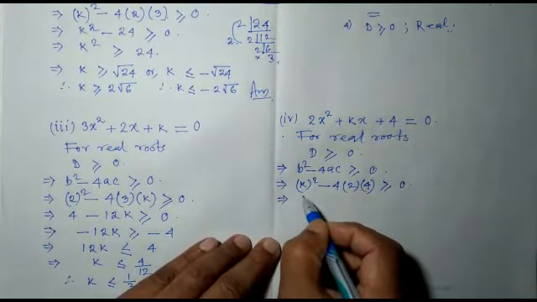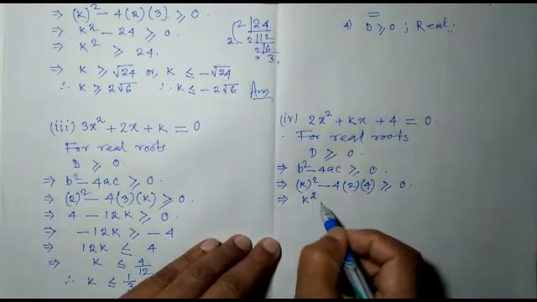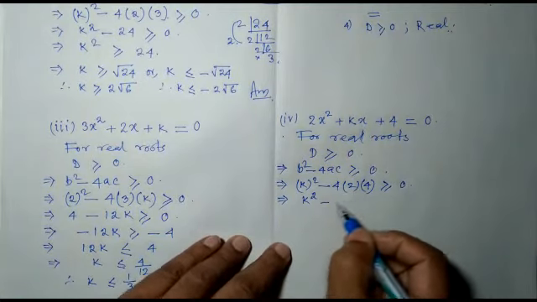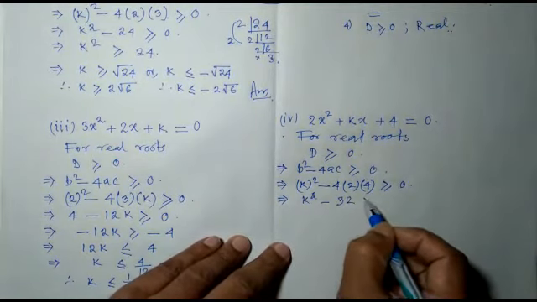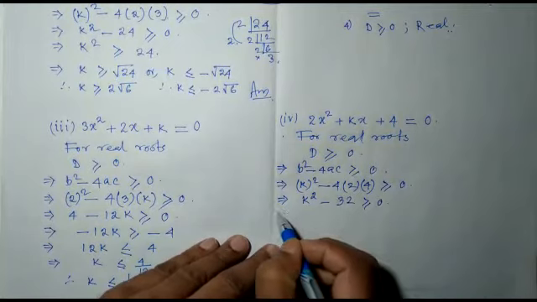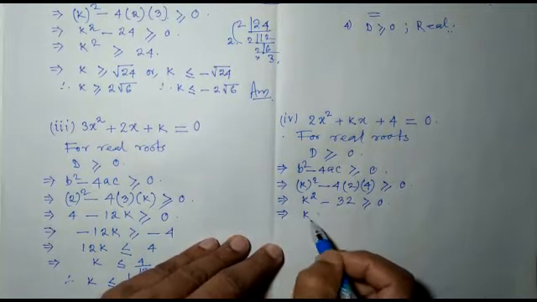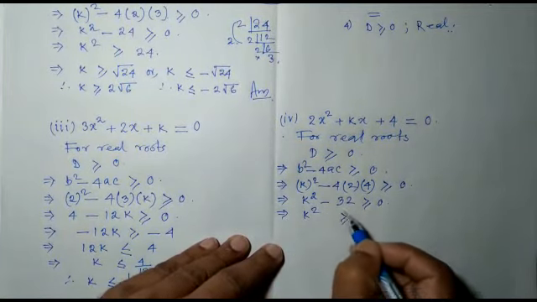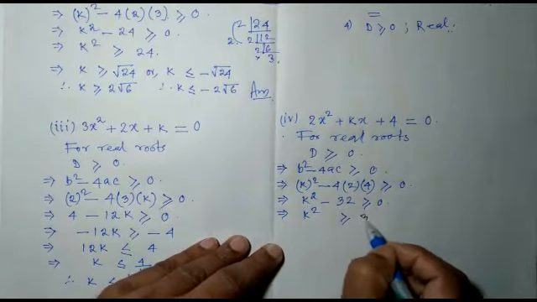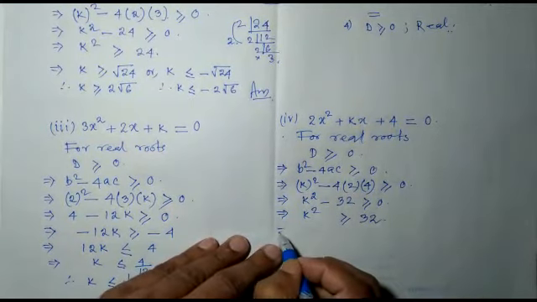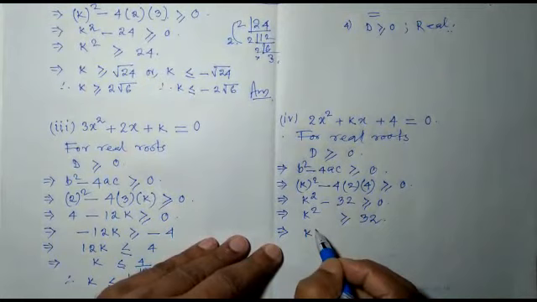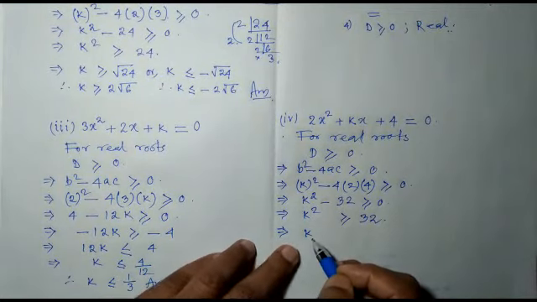Then multiply here, k whole square will be k square, 4 into 2, 8, into 4, 32, greater than or equal to 0. Then k square greater than or equal to, take minus 32 to the right side, it will be plus 32. Then from k square we have to find k.